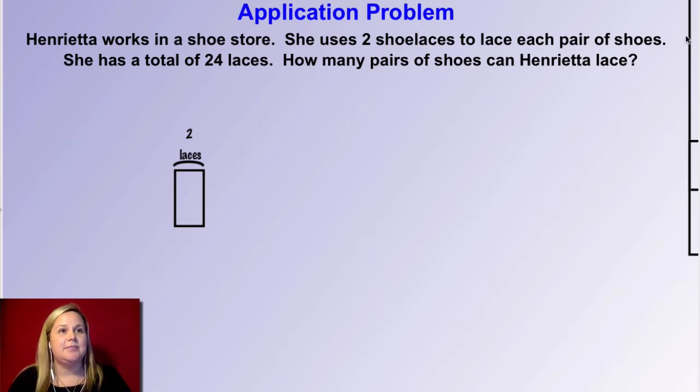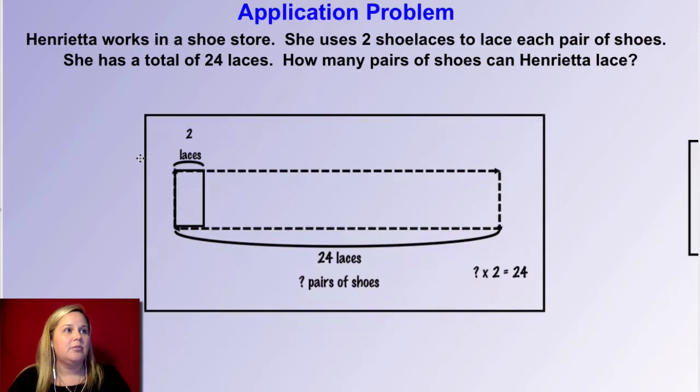All right, friends, so let's see what I did. With this problem, I want to break apart my tape diagram into groups of 2 laces each. So I've labeled my tape diagram as 1 unit is 2 laces.